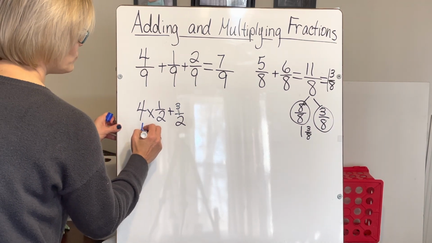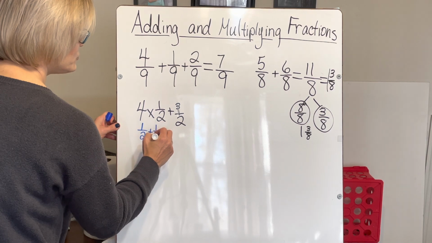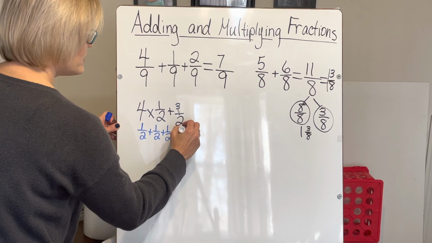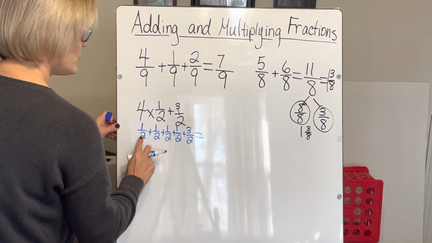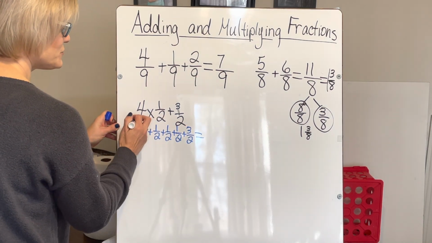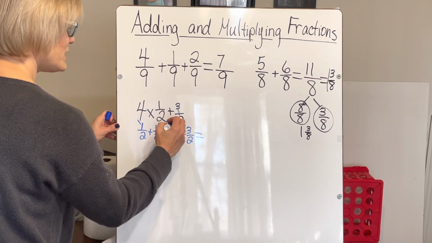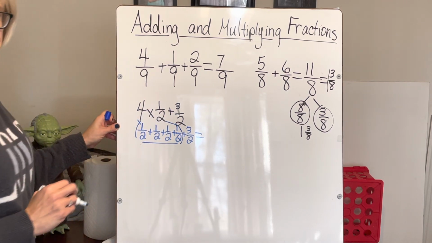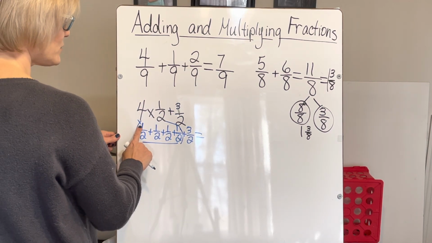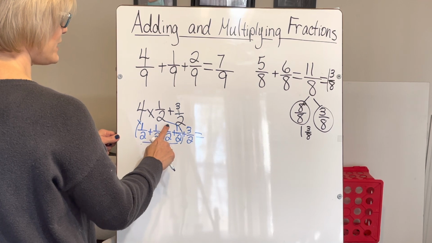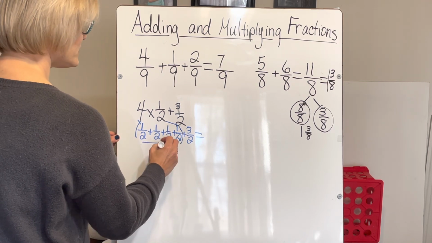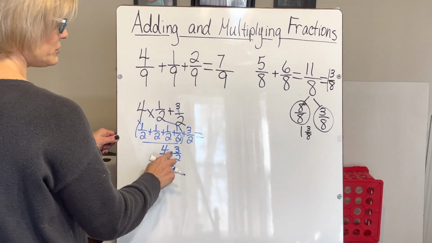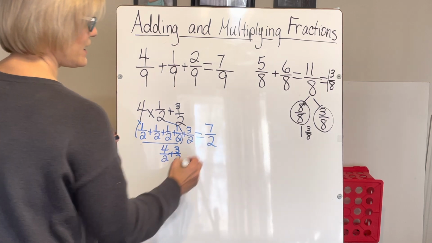So I can write that as 1, 2, 3, 4 halves plus 3/2, because that's what it tells me to do. So now I've got 1 half, 2 halves, 3 halves, 4 halves. So that's 4 halves plus 3 halves. So that's 4 plus 3, which is 7 halves.